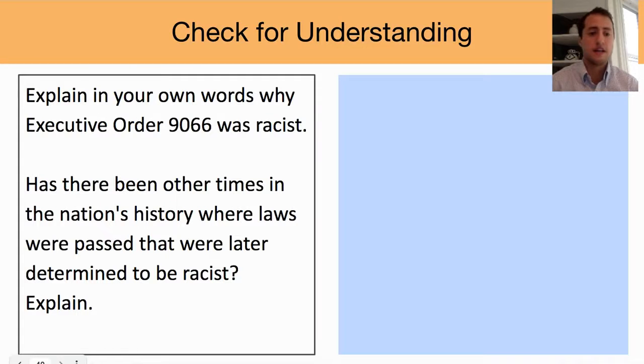But the last slide is just a quick check for understanding on why Executive Order 9066, which was the executive order that ordered Japanese American internment, was racist. And then it gives students a chance to connect this executive order to other laws in time. And in my next video, I'll talk about some of the other laws that students might mention.